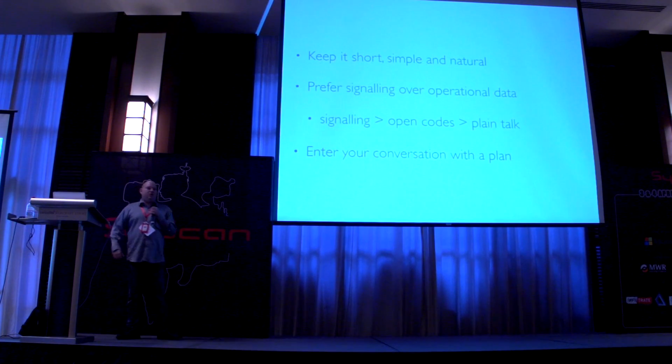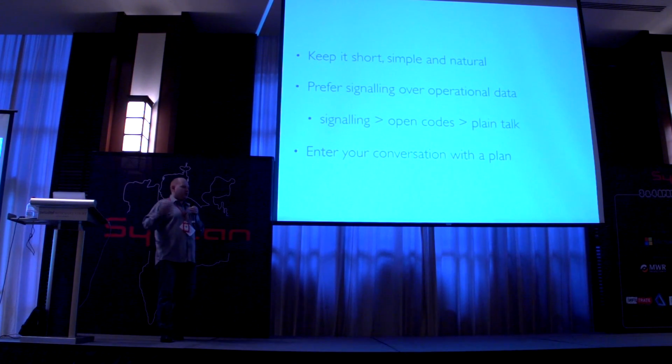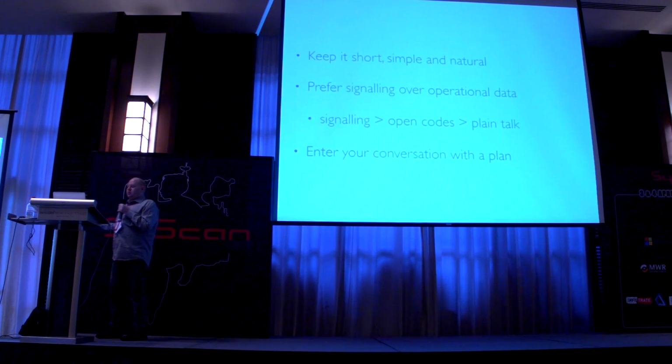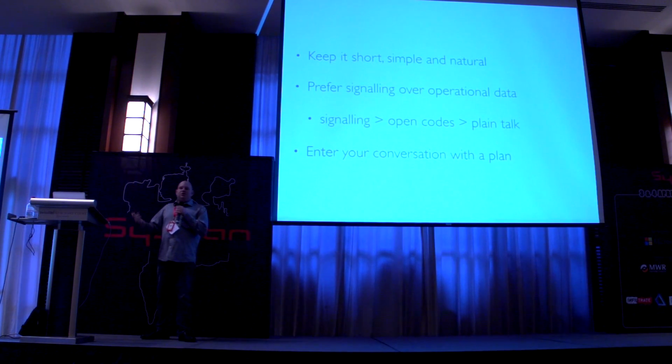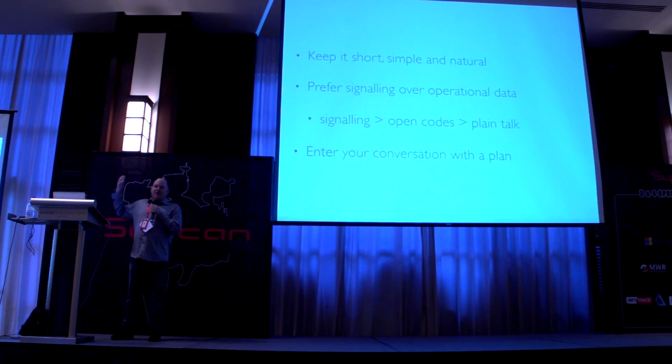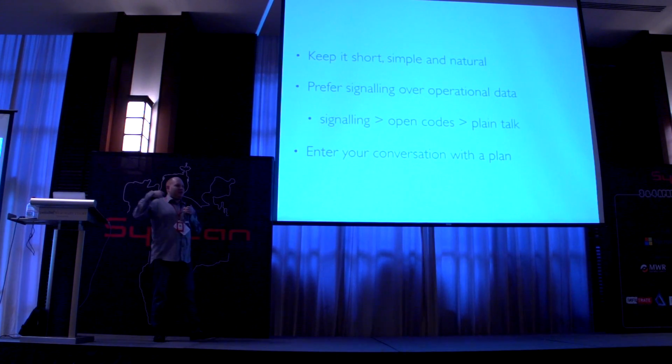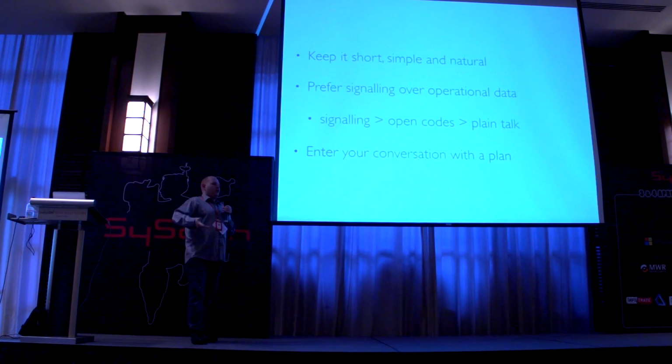Open codes are where you basically just have word substitutions. And one of the important things with open codes is it's called a modulus, but it's not really. What you do is, for example, if I say, I will meet you on Friday at 8 p.m., you subtract 1 day and 1 hour.